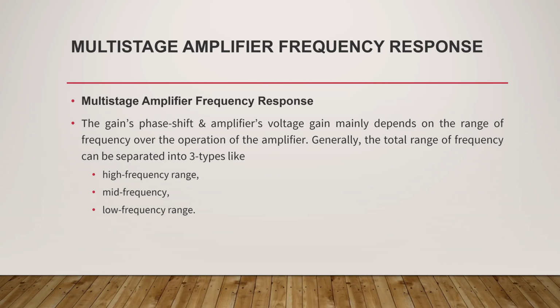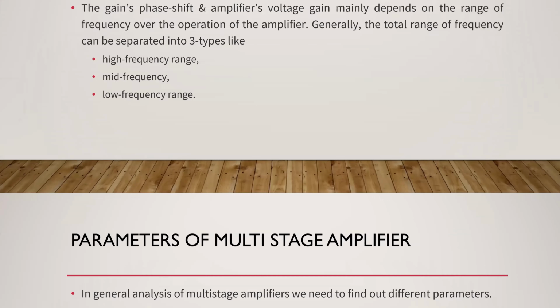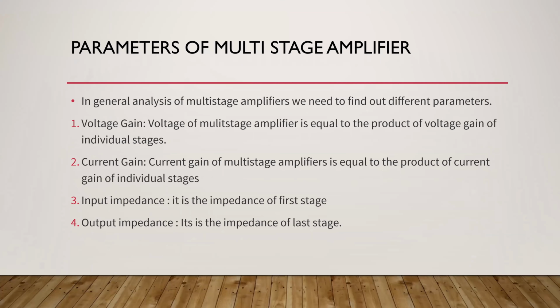In our study of different multi-stage amplifiers, I am going to discuss in detail what happens to that amplifier in different frequency ranges. I am going to explain all these three regions in detail later on. These are the frequency responses of the multi-stage amplifiers.